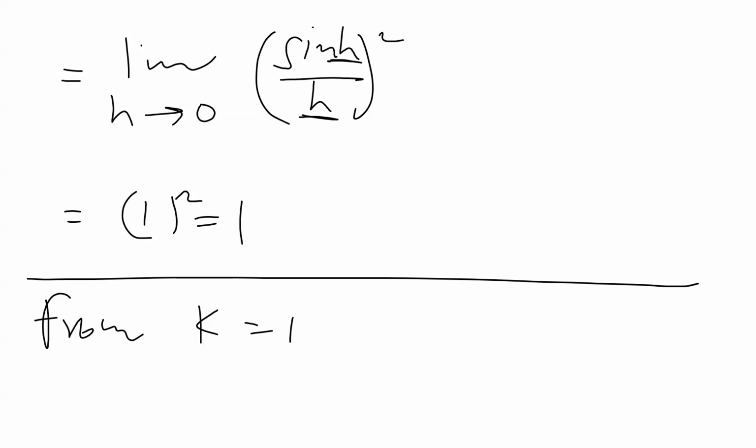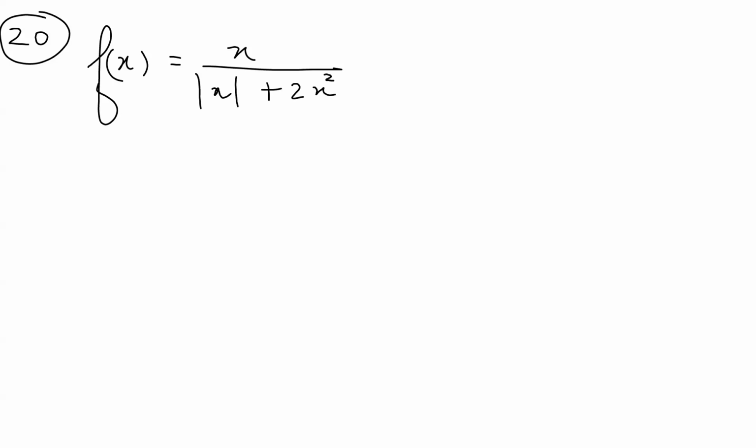Now, let me see which problem is supposed to be done. Okay, question number 20, from the same exercise. f of x is equal to x upon modulus of x plus 2x square, x is not equal to 0.